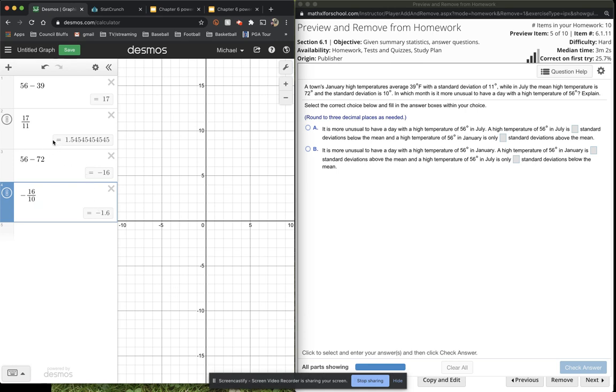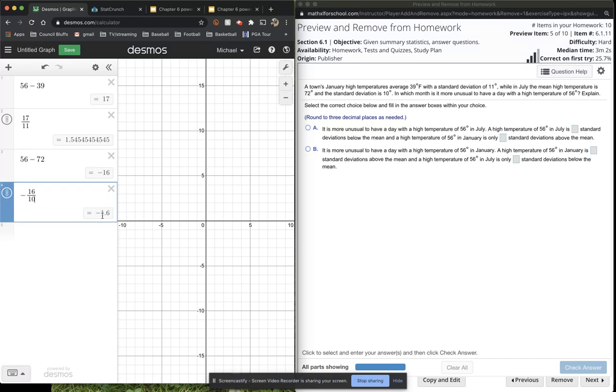So January is 1.5 standard deviations above because it's positive, and July is 1.6 standard deviations below. Which one of these is farthest away from zero? Obviously, that's going to be the negative 1.6.